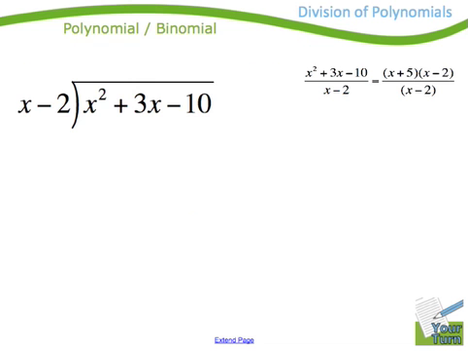Now, when we turn our attention to dividing a polynomial by a binomial, it turns into a little bit different trick.